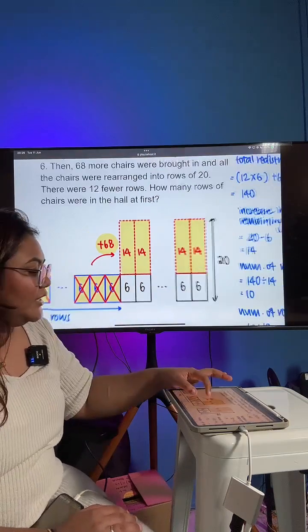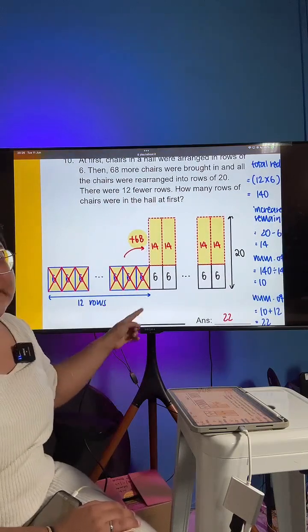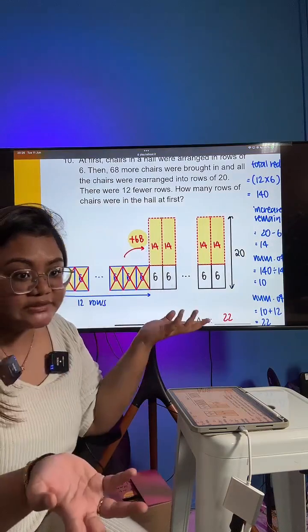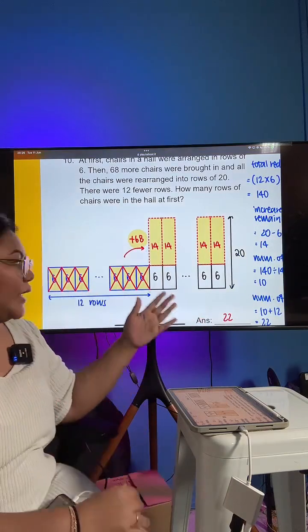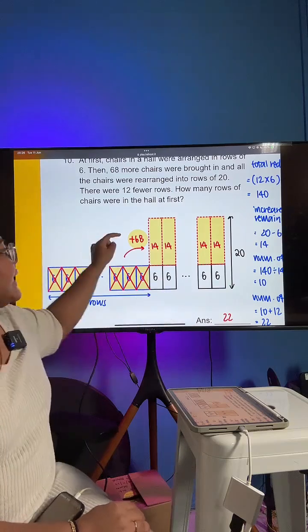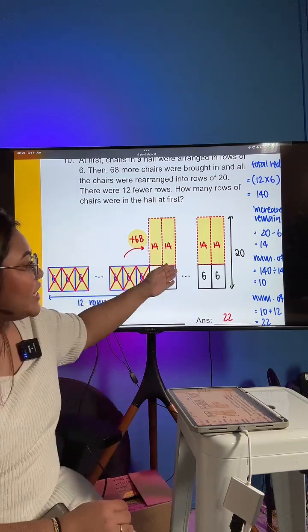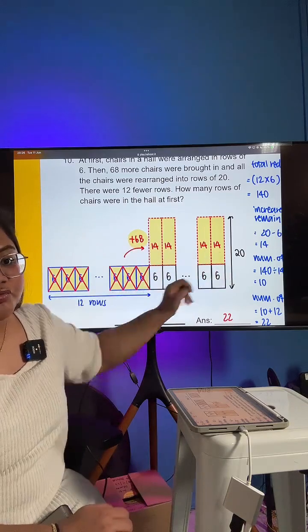Number 1, the 12 rows that now disappear. The chairs cannot just mysteriously vanish. We cannot throw the chairs away. The chairs are now redistributed to the remaining rows, plus the extra 68 that we brought in. So these are the 2 places where we get extra chairs to make 20 in each row, okay?